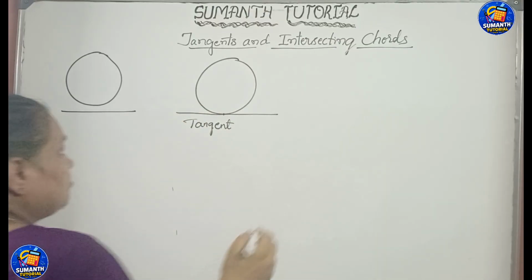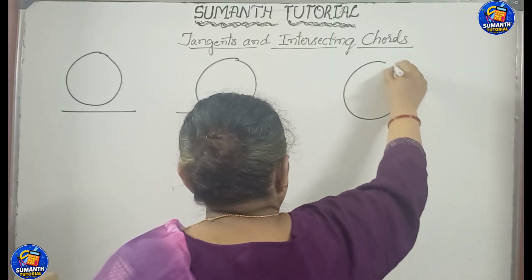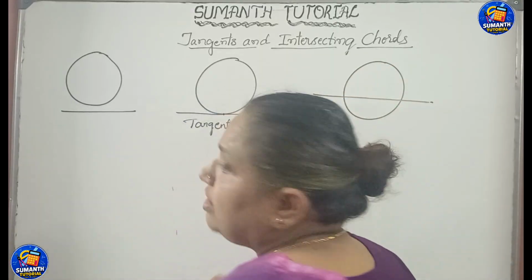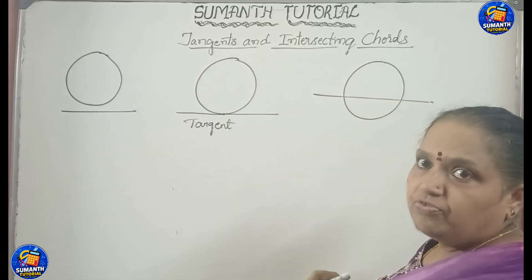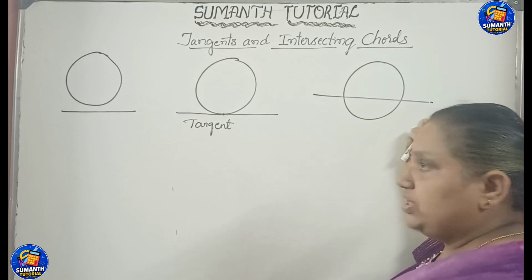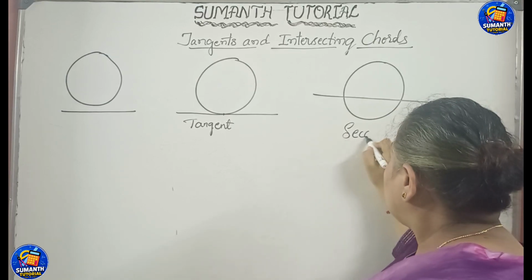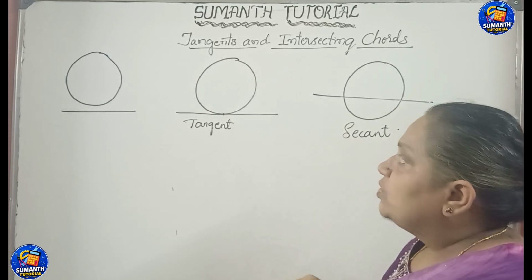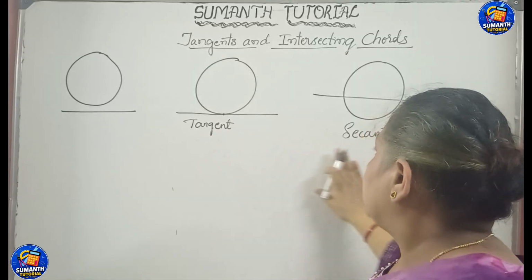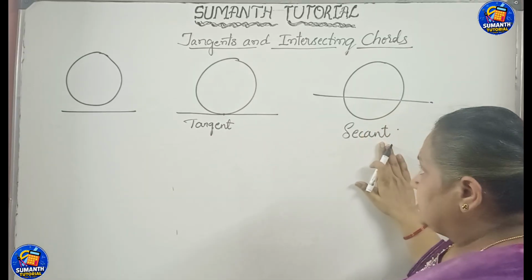And if you draw a line that intersects the circumference of a circle at 2 points, then it is called a secant. This is tangent and this is a secant.